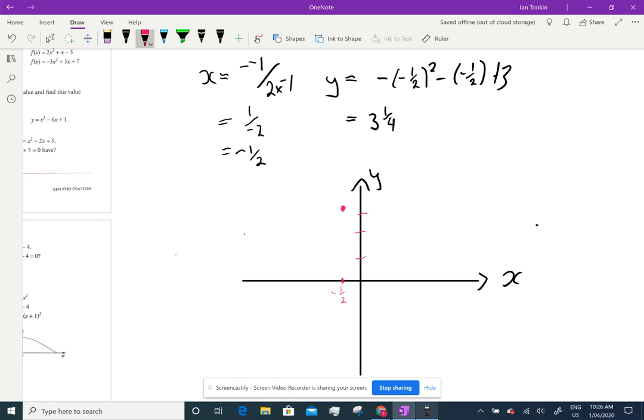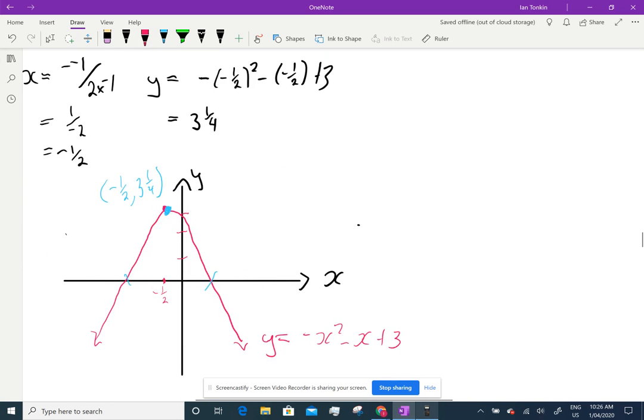There's the vertex. So it's a parabola like that. And what we have to find are the roots. Let's put that there. And it's always important, write this as negative a half and 3 1/4. Now, we should label this y equals negative x squared, what was it? Minus x plus 3.